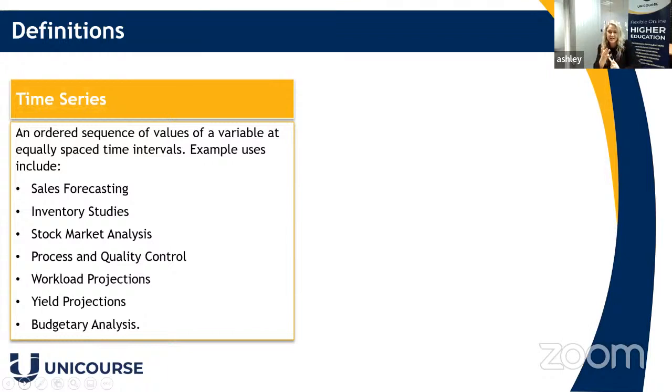So any data set which uses time as an independent variable, any data set where values of a variable have been collected, recorded, or observed over successive periods of time, so days, weeks, or months, can be seen as time series.